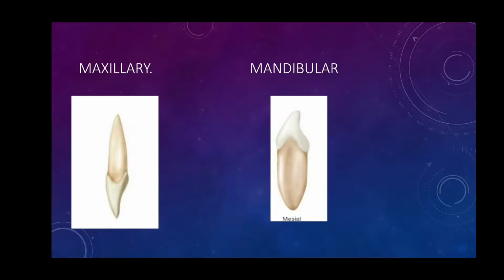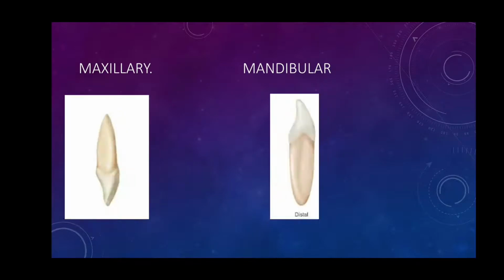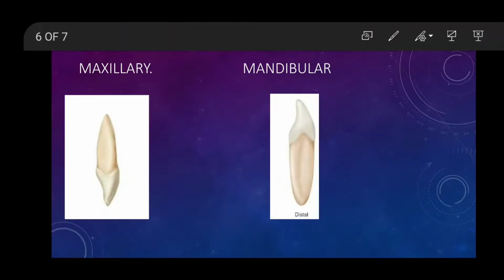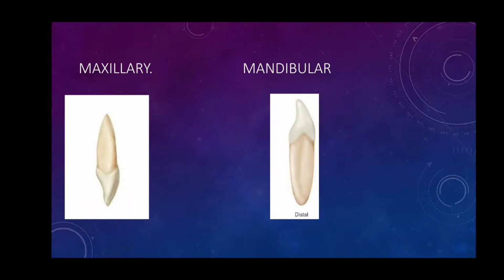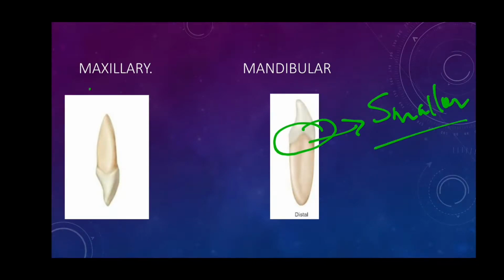Okay, the incisal edge to root axis relationship. Then coming to the distal surface, the distal developmental groove is the same as the mesial surface. The cervical curvature here is somewhat smaller than the mesial. See, this curvature is smaller than the mesial in both maxillary and mandibular incisors.